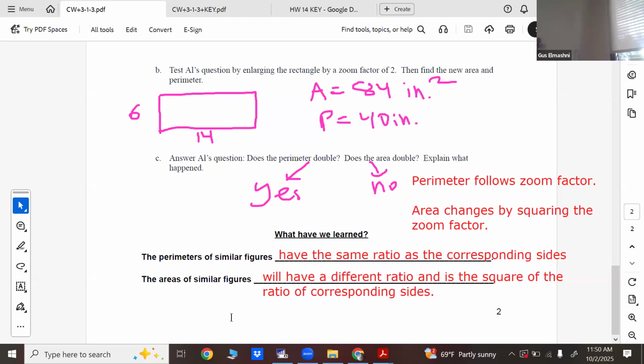You only doubled one of those. Okay, all right, so that's good. Or just multiply the new sides, 6 and 14. Because you're doubling each side, so you have to multiply 2 twice. That's why the ratio of the areas is not the same as the ratio of the sides. It's always the square of it.